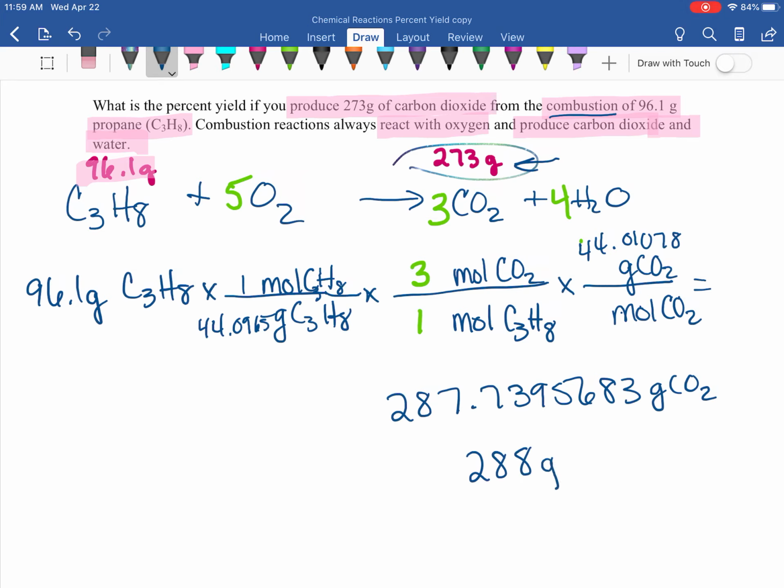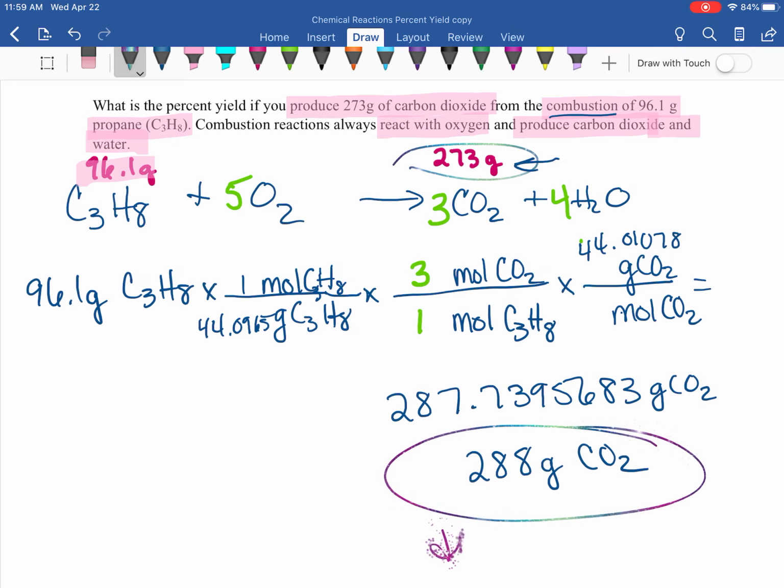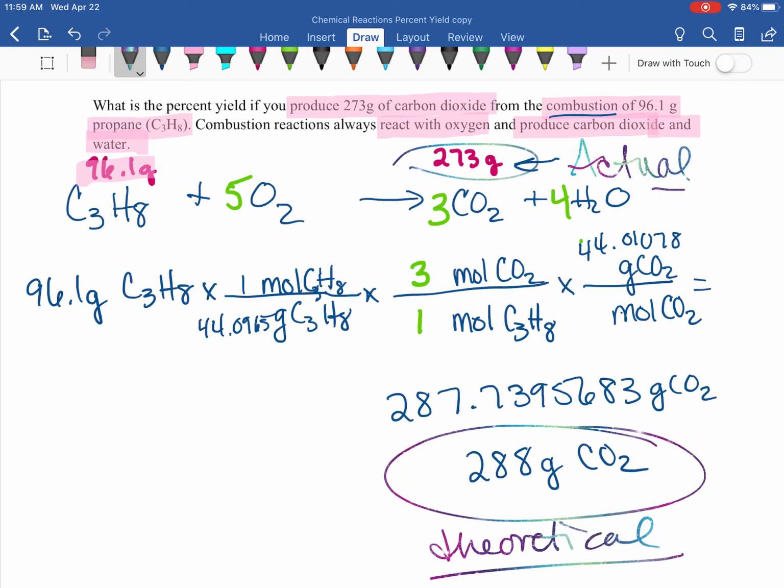All right, now we already know we're going to slim that down. How many sig figs are we given? 3. So let's take and round that to 3. I get 288 grams of CO2. All right, put a big star around this one. This is your theoretical. This is, in a perfect world, how much you could make.